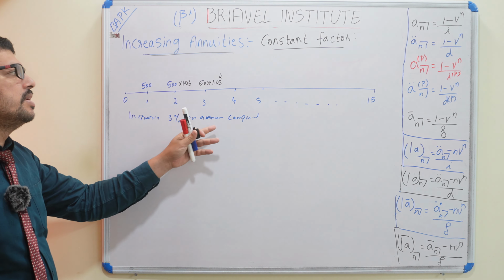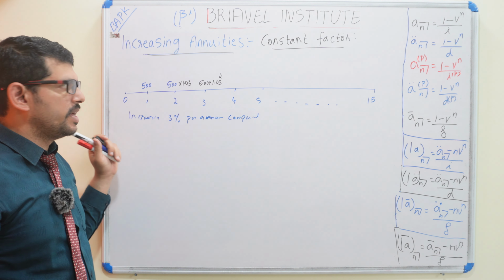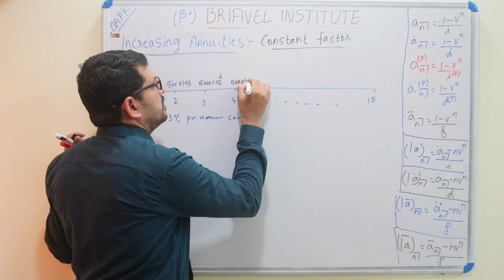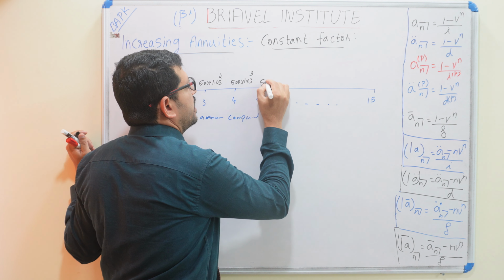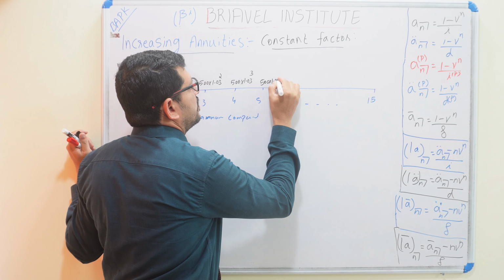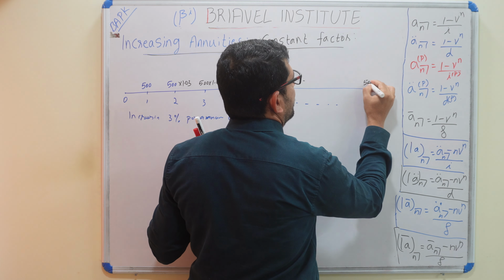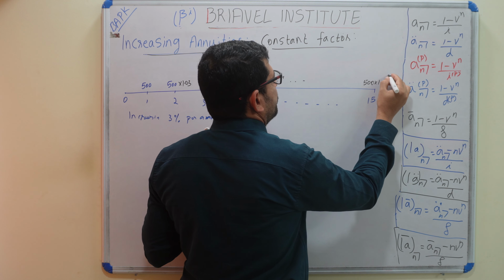It is a compound, increasing by compound. Next year will be 500 multiplied with 1.03 raised to 3. And fifth year 500 multiplied with 1.03 raised to 4. So like that it is going. It will be 500 multiplied with 1.03 raised to 14.